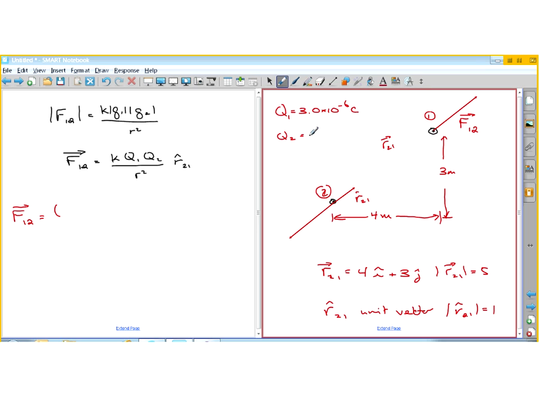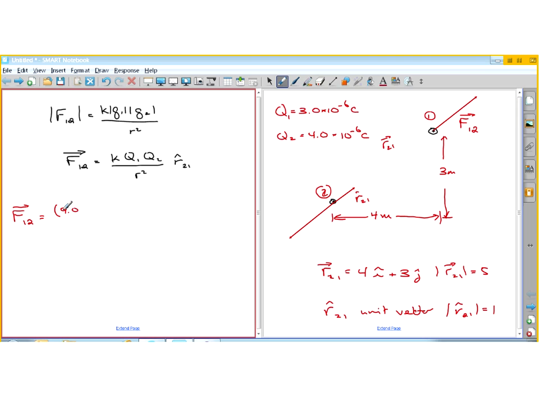And then Q2 is, let's say, 4. So they're both positive, which is what I had here, so they should repel each other. So those are Q1 and Q2. K is a constant, 9 times 10 to the 9th. And r is 5. It's the magnitude. So now let's just plug these things in here.